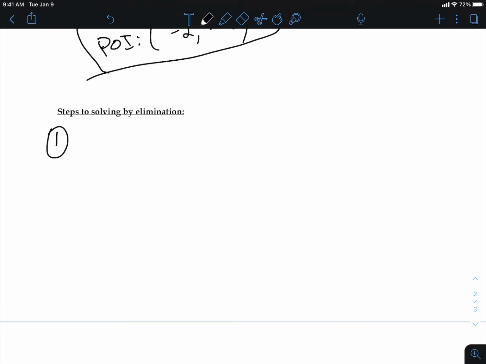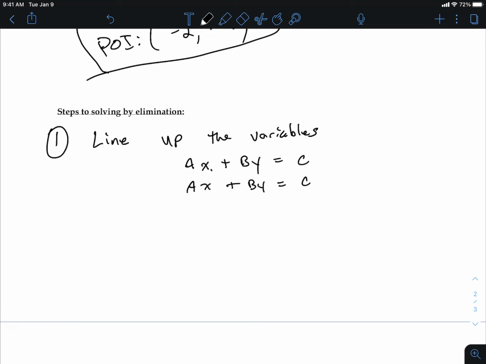I would say let's line up the variables, by that I mean like ax plus b. You just want to make them line up. Doesn't have to be in that order. A's with A's and B's with B's, the coefficients.